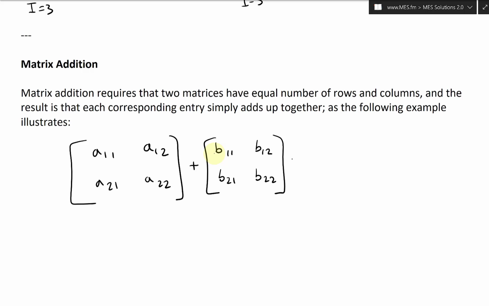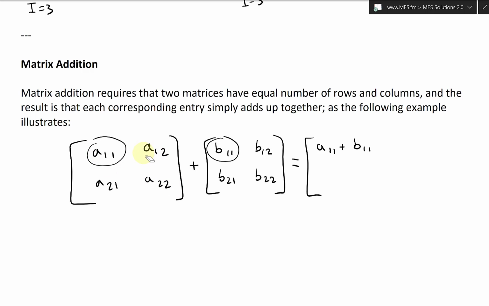All right, so now this equals, and basically we're going to add up each corresponding entry. In other words, this adds up with the corresponding one because they're the exact same size, both 2 by 2. So A11 plus B11, like that.